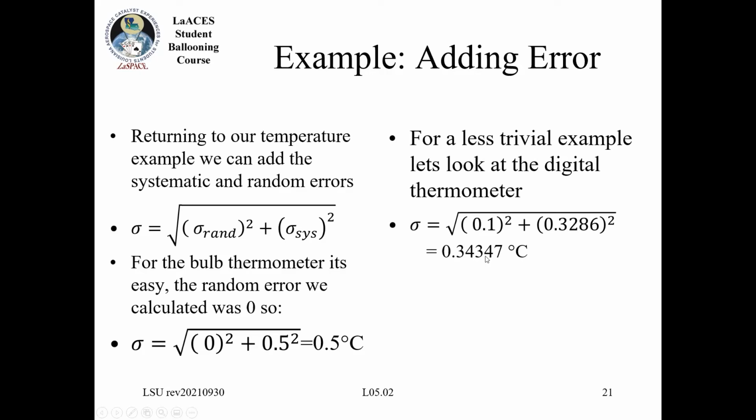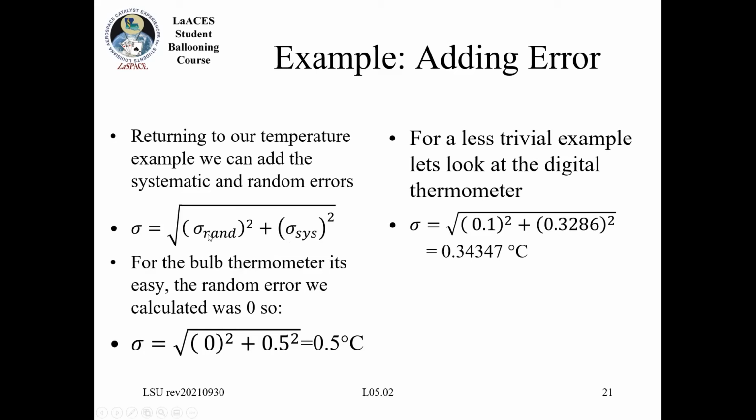So this is why last time I talked about figuring out how many measurements I need to take such that the random error gets to be about the same size as the systematic error. Because once it gets to that size, and maybe a little bit smaller, my total error is pretty much just going to end up being close to my systematic error.